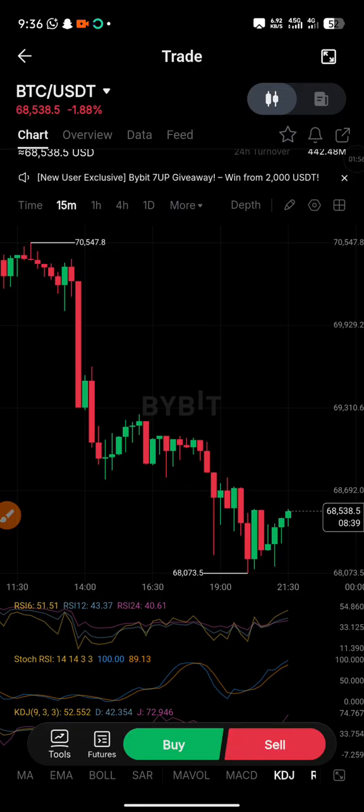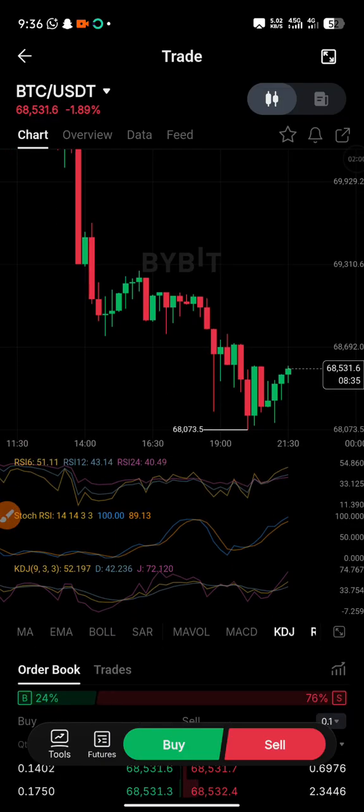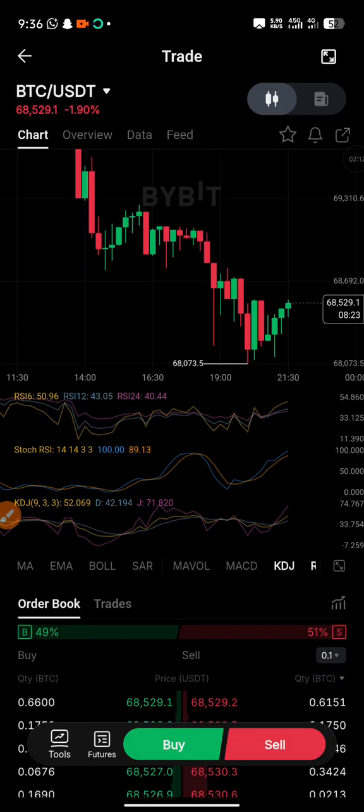So you buy when it's low, and you sell when it's high. It's safer than futures, but profits are usually smaller in spot.